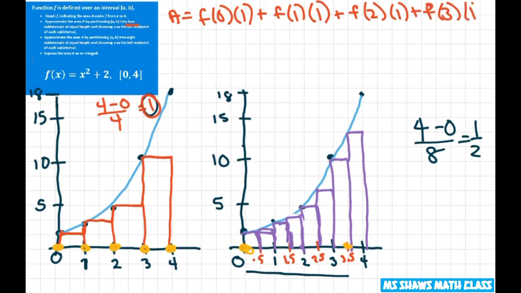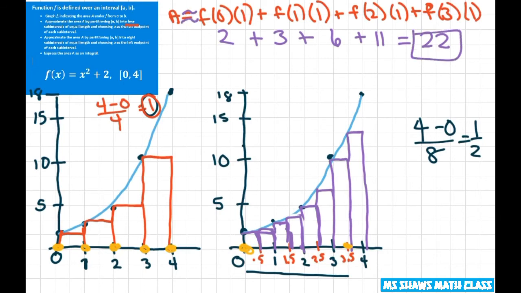Now just multiplying by 1. So this one's going to be pretty easy. This is going to be 2 times 1 plus 3 times 1 plus 6 times 1 plus 11 times 1. So this is all going to equal 22 is the approximate area.